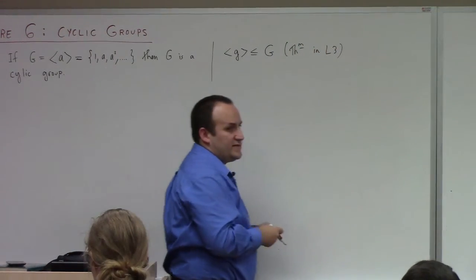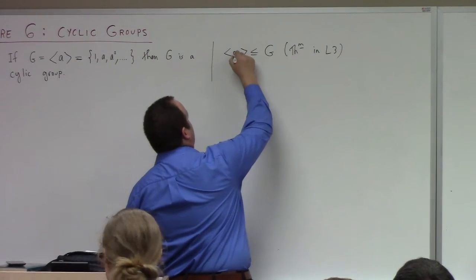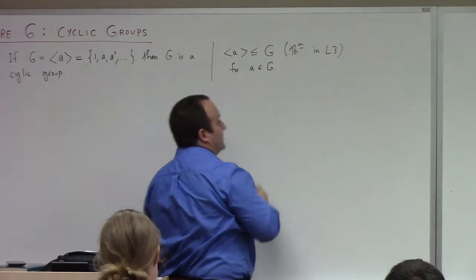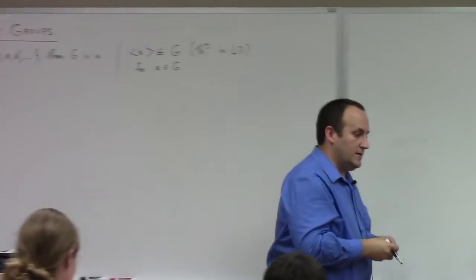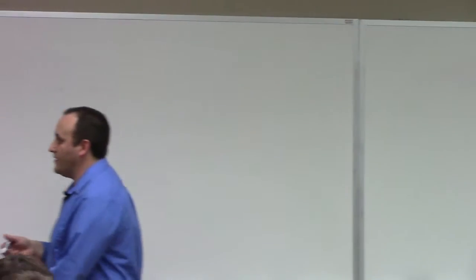All right, and then in the process of proving that, this is always a subgroup for any element of the group. But when that subgroup turns out to be the whole group, then the group is said to be cyclic, and a is called the generator for the group.